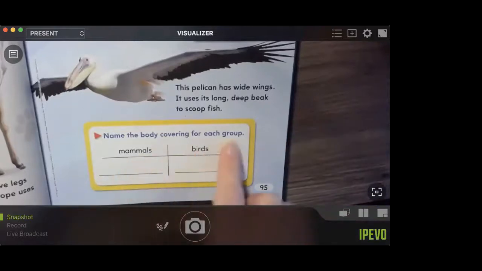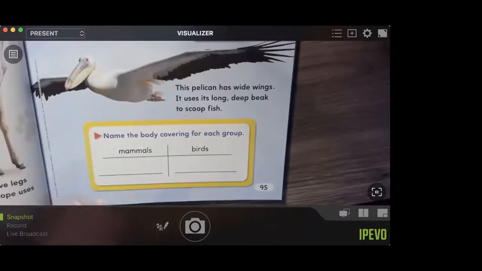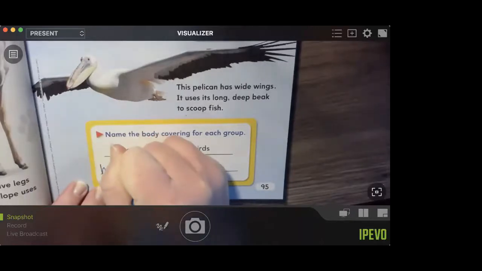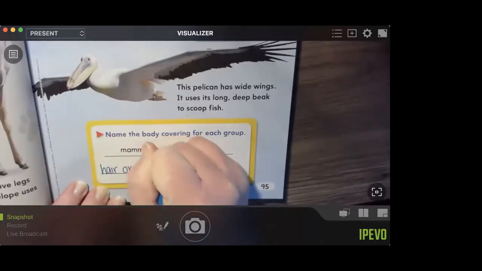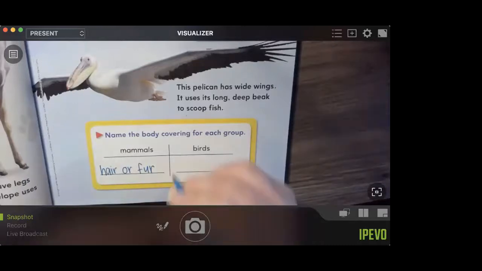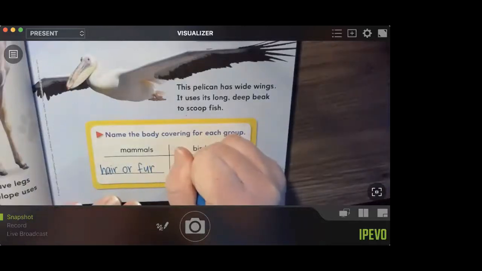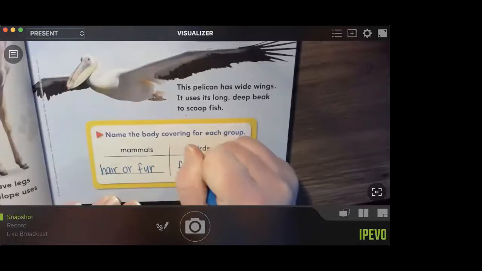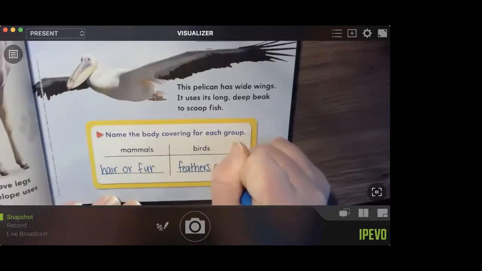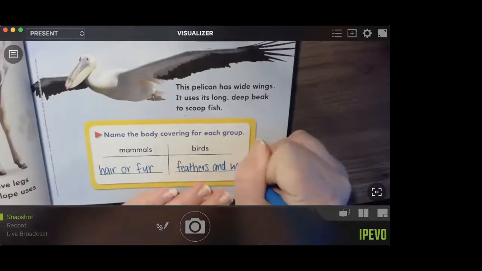So name the body covering for each group. So most mammals have hair or fur. And most birds have feathers and wings.